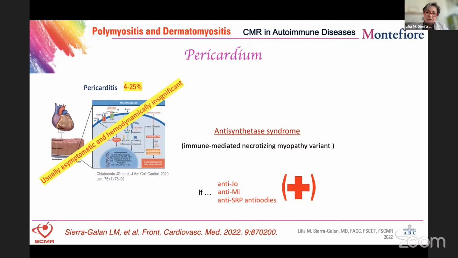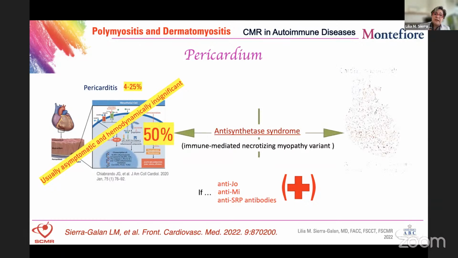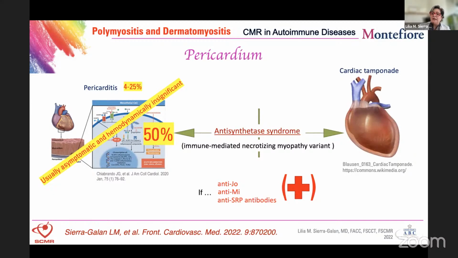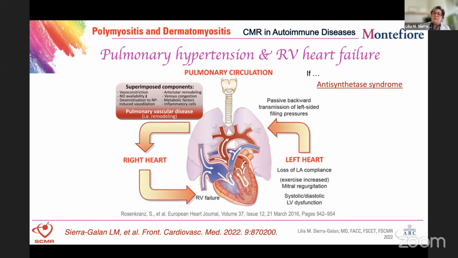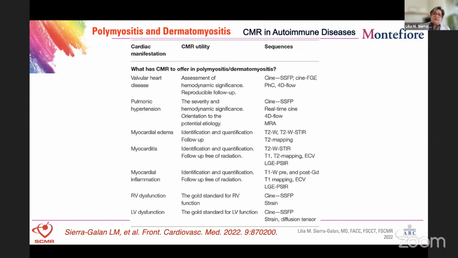This is the immune-mediated necrotizing myopathy variant, and that produces 50% of pericarditis and also tamponade. And they also have pulmonary hypertension and right ventricular heart failure. And it is more common in that syndrome where those antibodies are positive, the antisynthetase syndrome, and is present in 8% of the cases.